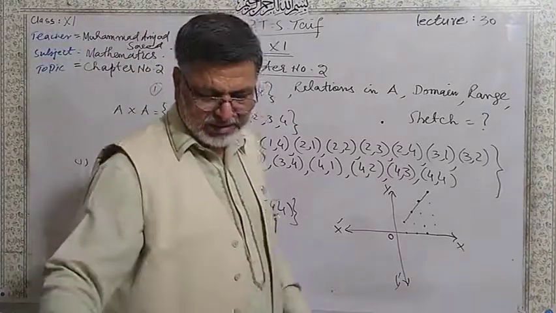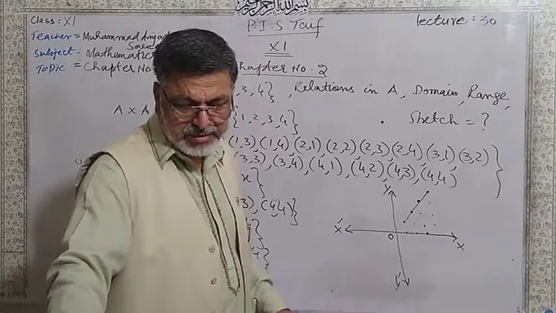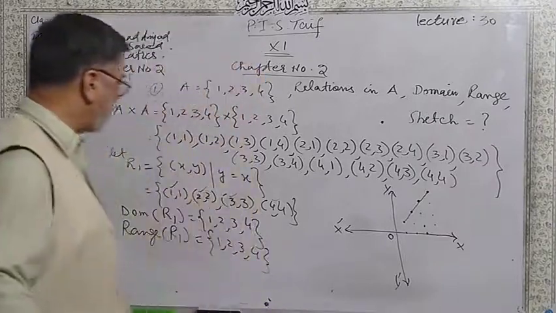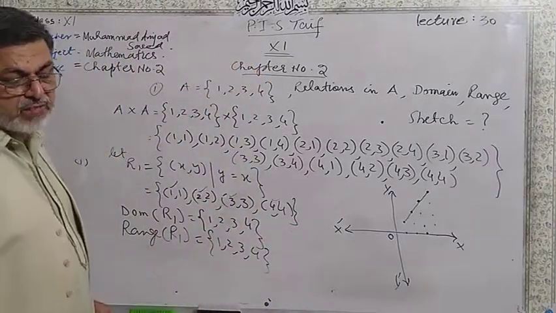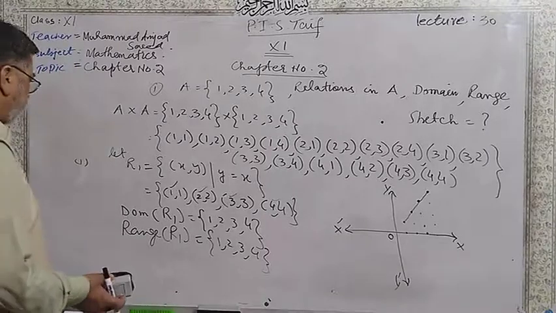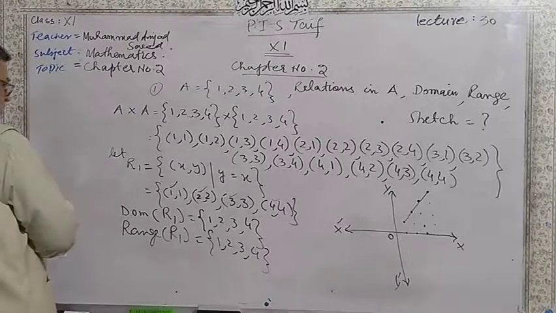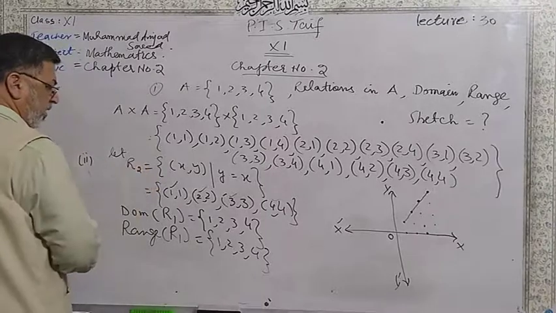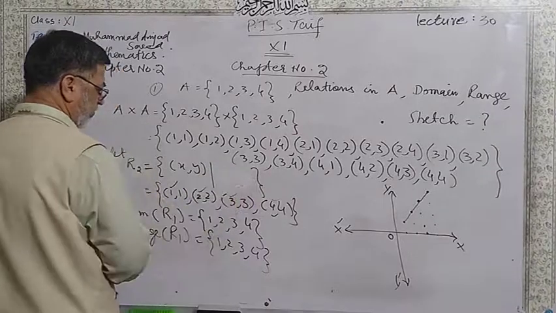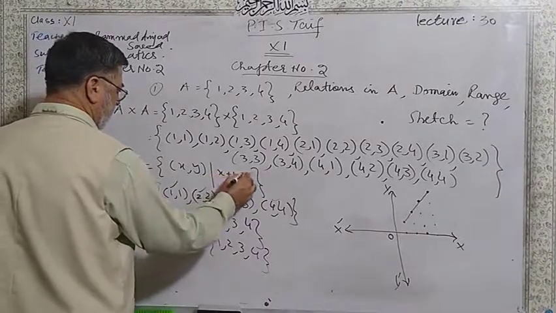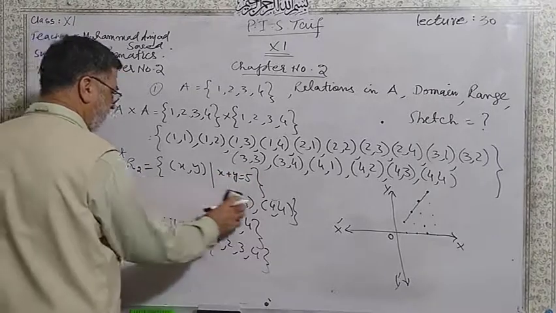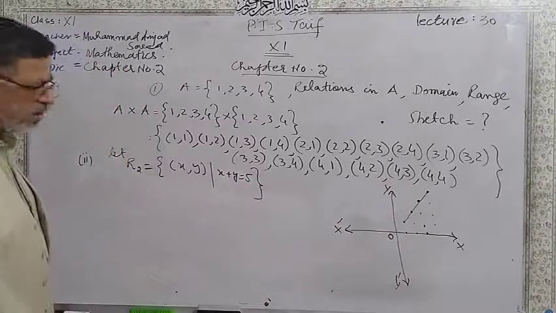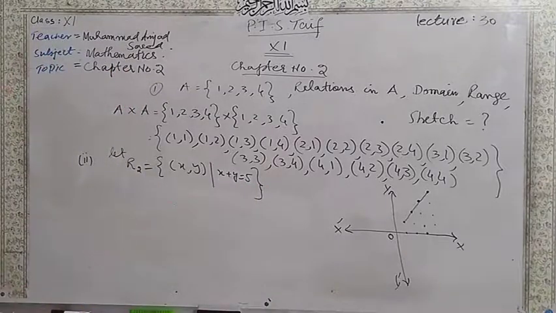This was part number 1. After that, part number 2 is xy such that x plus y is equal to 5. Let this be R2. We have to tabulate according to this equation.